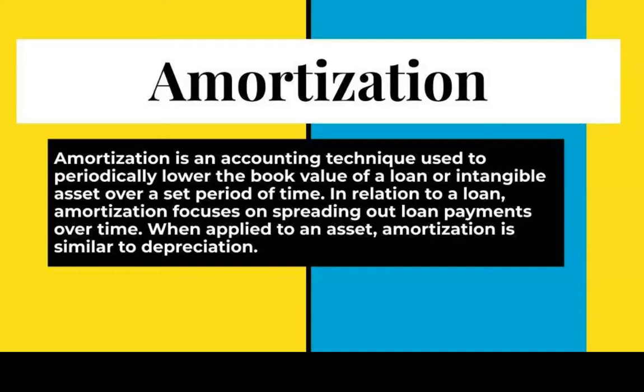And when applied to an asset, amortization is similar to depreciation, which is something that we'll definitely talk about in another episode. So basically, amortization is an accounting technique that is used to show you over time how much you're going to pay. And it's going to include the interest rate that you're paying, the adjustable or not adjustable rate, the annual percentage rate that you're paying as well.